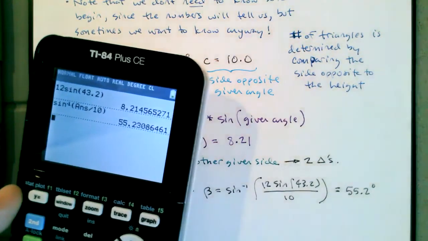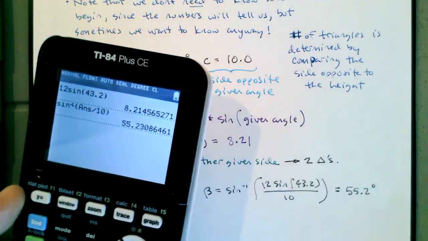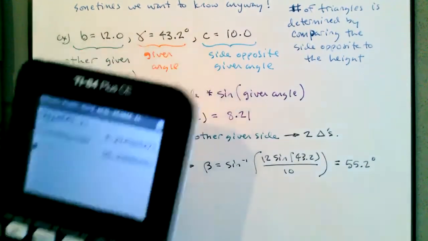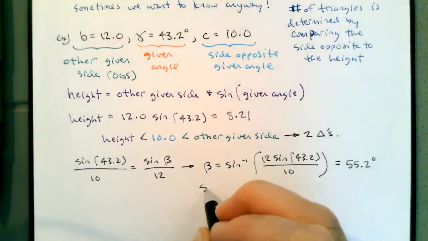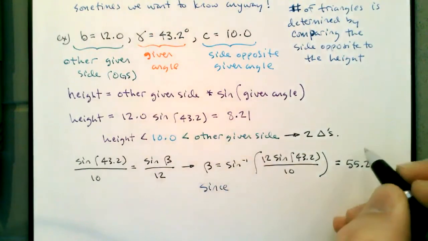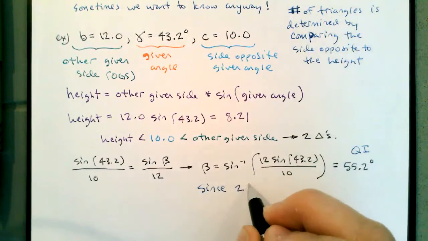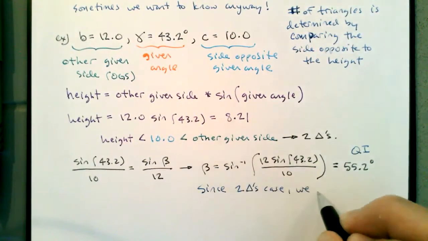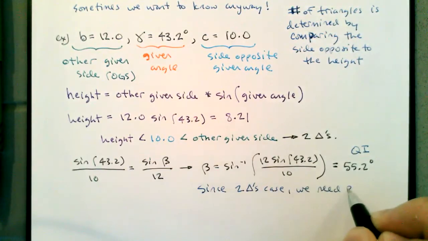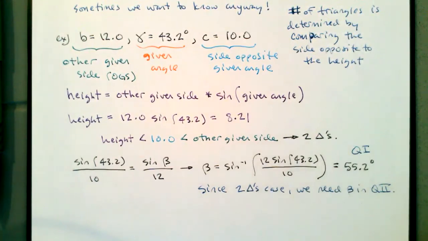This is our first value of beta, but since we're in the two triangles case, we need to find the other beta in quadrant 2. This is the quadrant 1 angle. Since we're in the two triangles case, we need the beta in quadrant 2 as well.